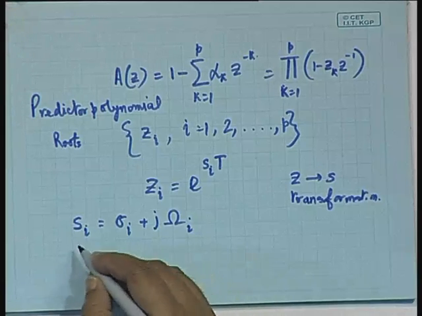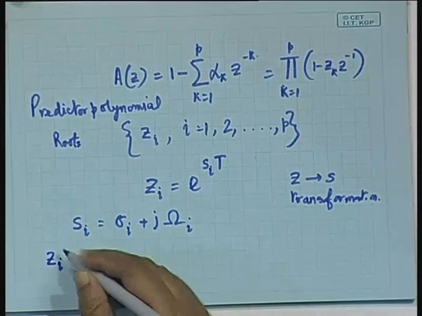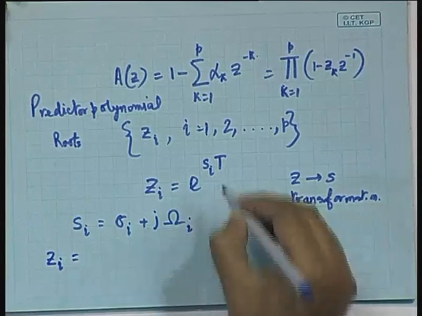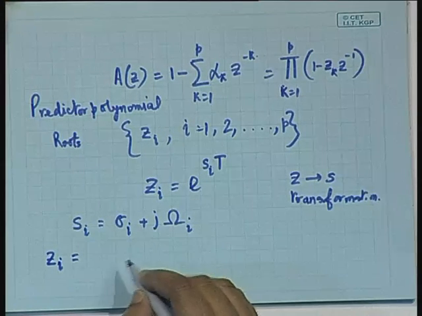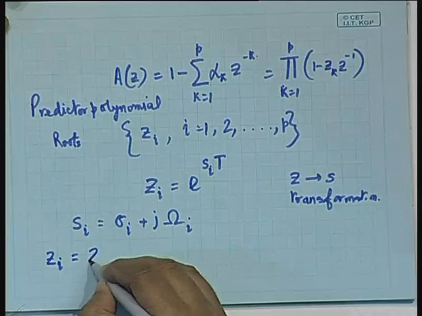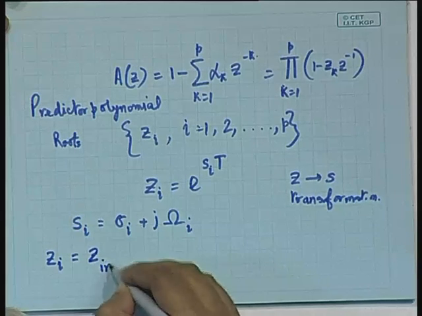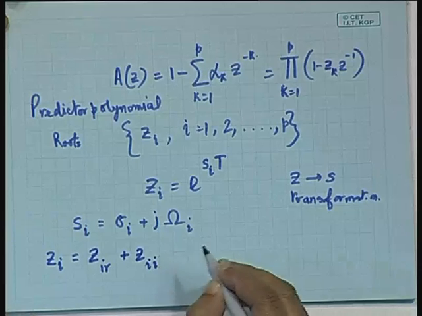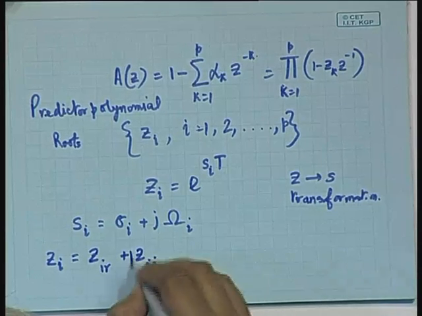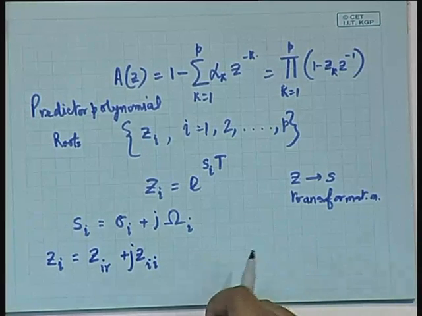If we write the zi's in this form, zi will have a real part and an imaginary part, so we write zi as zir plus j zii, with the operator j.